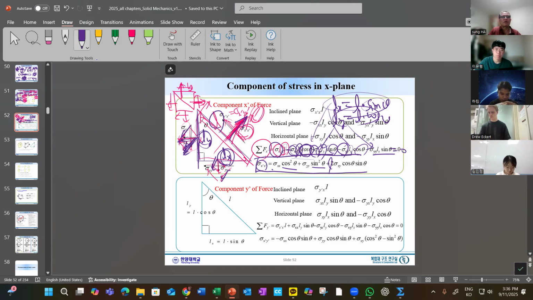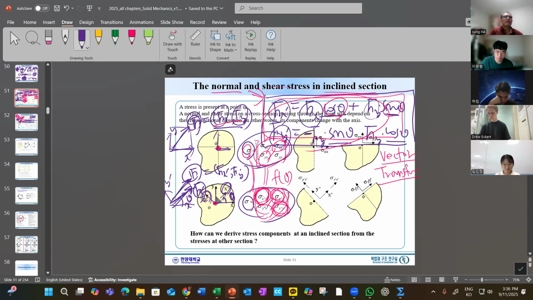I mean, we don't have to go through it in great detail, but you will get the concept: sigma x prime in terms of sigma xx, sigma yy, and sigma xy, with cosine square, sine square, and then cosine sine with a factor of two. Conceptually this is the same as this one.